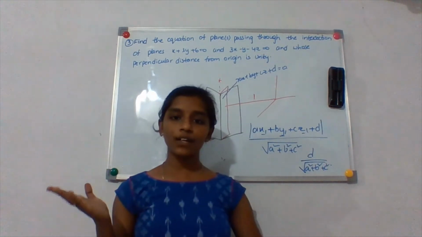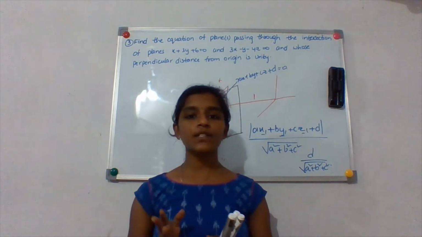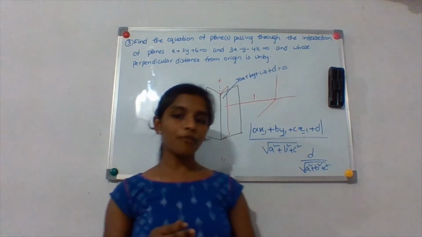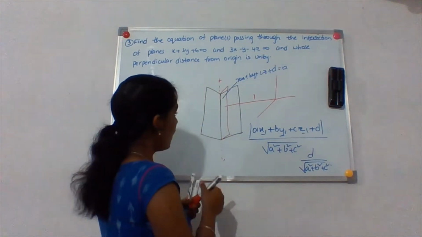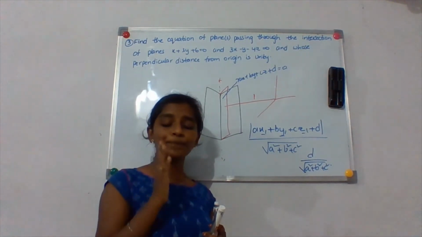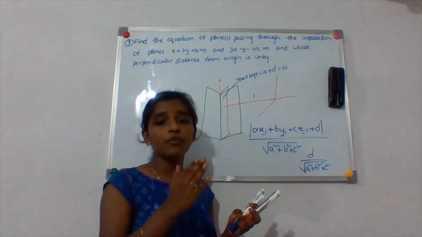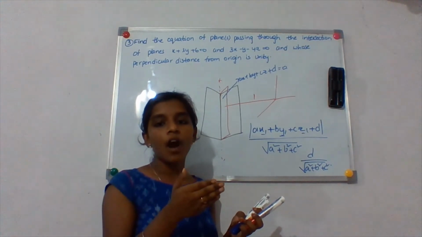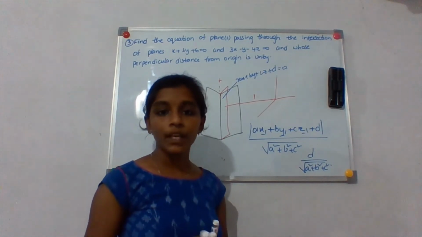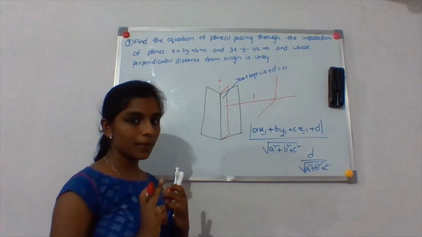Now what is the second clue? The equation of the plane is passing through the intersection of two given planes. So now generally, when we were asked to find the intersection of two planes, what is the logic that we used? I'm speaking about the logic, not the assumption.